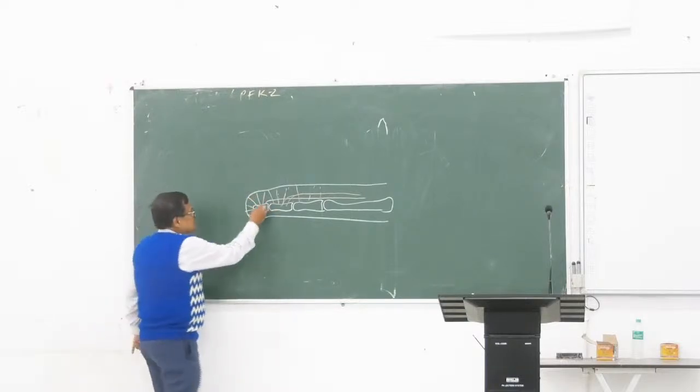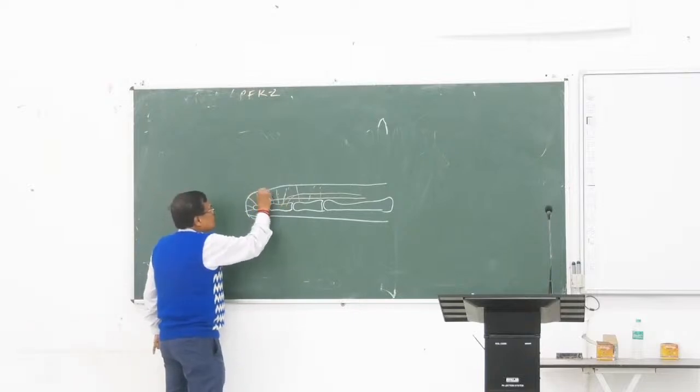This and the space between the bones and the skin we call pulp space.